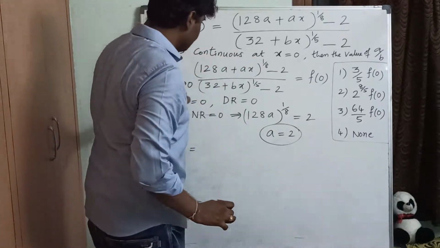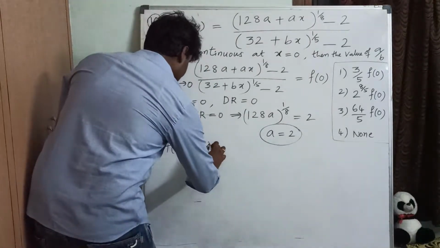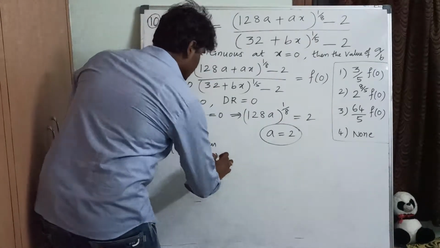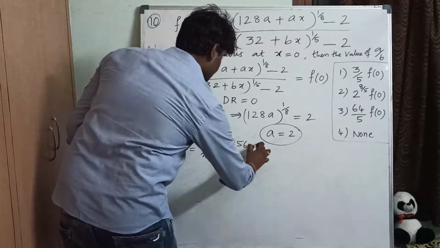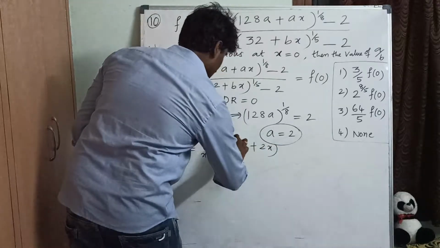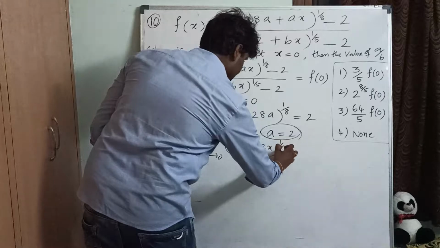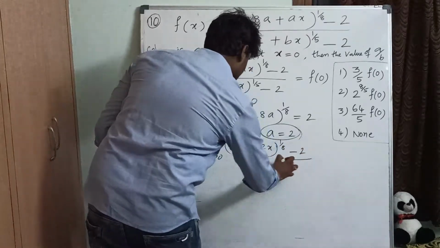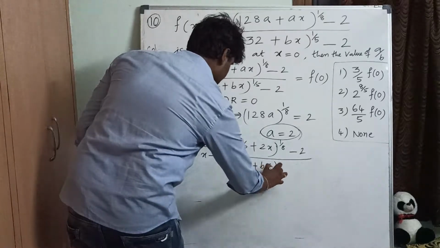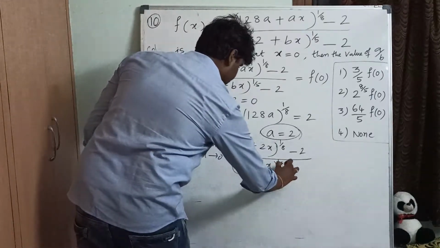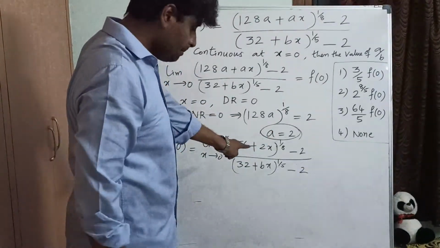So limit x tends to 0, substituting 2 there, 2 into 128: 256 plus 2x whole power 1 by 8, minus 2, divided by 32 plus bx whole power 1 by 5. So we got the value of a. Now we are going to find the value of b also.